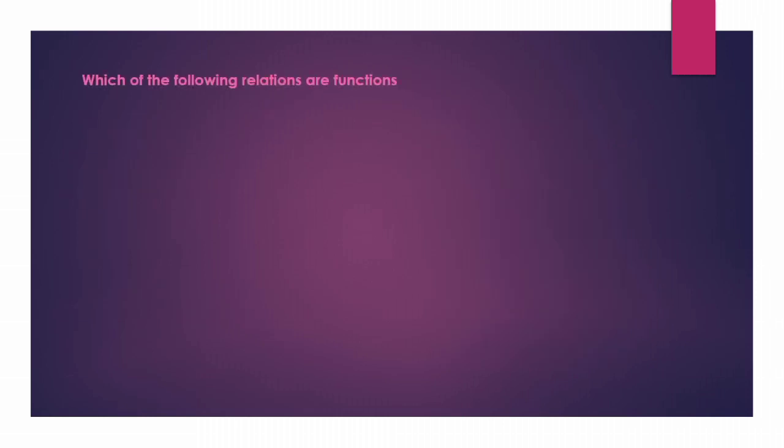First, which of the following relations are functions? It could be represented using ordered pairs. So let's have this example. Relation F has the set (2, 3), (3, 3), (4, 6), (5, 6).